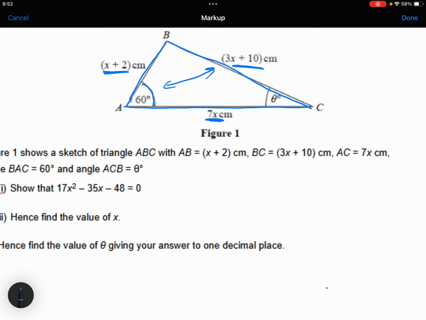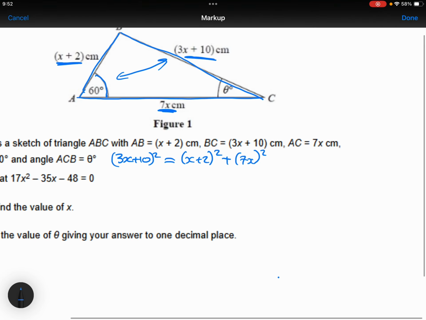So using the cosine rule, I can say that the 3x plus 10 squared has to be the a squared in the cosine rule because it's opposite the 60 degrees. The b and the c don't really matter, so I'm going to have the b as the x plus 2 and the c as the 7x.